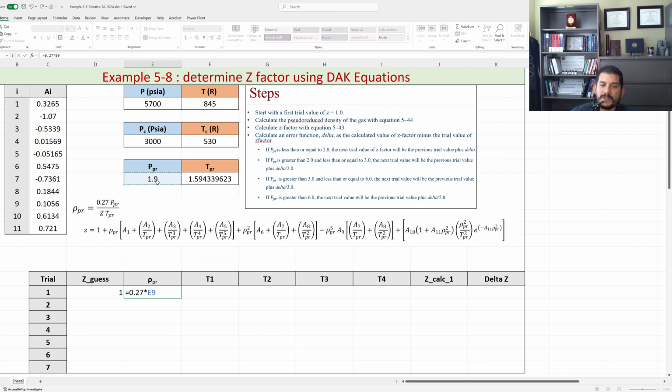Now I want to make sure this stays constant whenever I drag it down, because I will drag this throughout the different iterations. To do this, I click F4 on the keyboard.